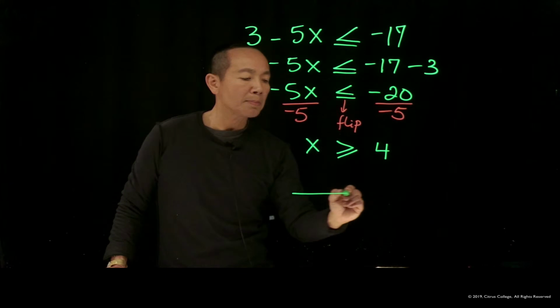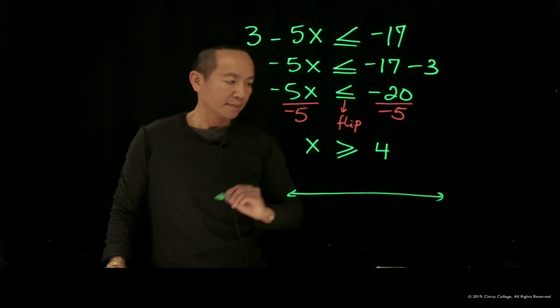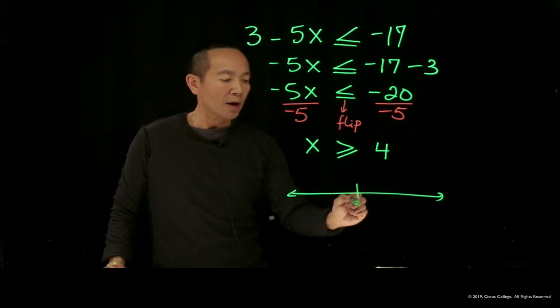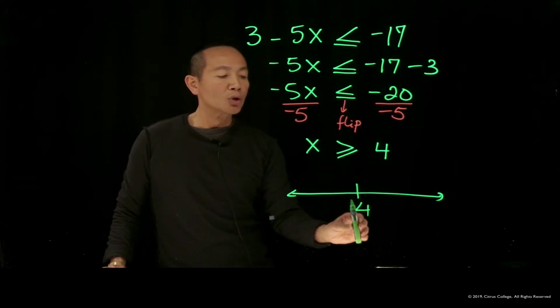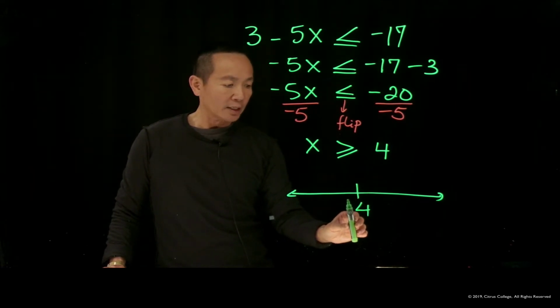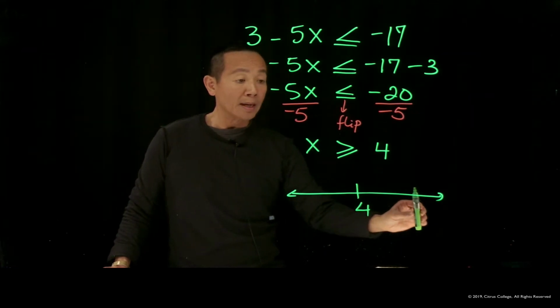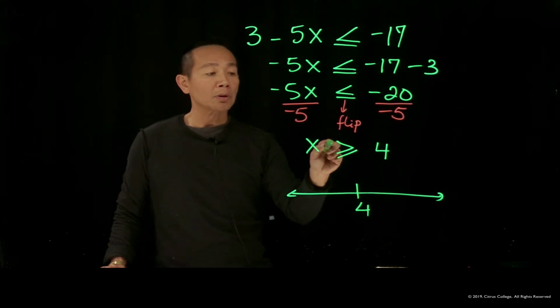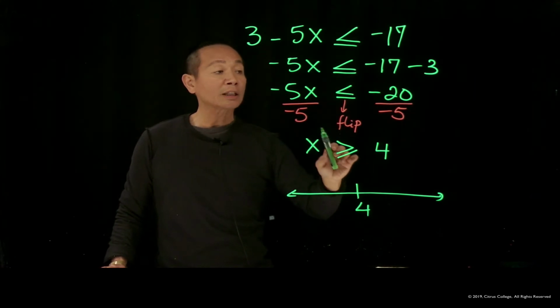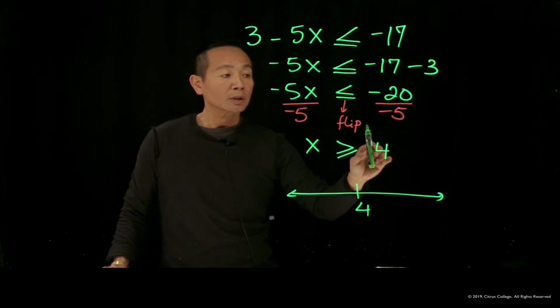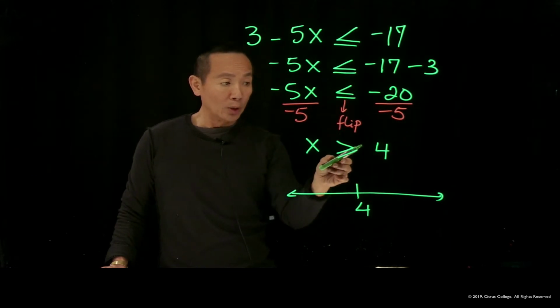And on the number line, this is 4. You want to shade to the right, because this symbol says that you want all the numbers that are larger than 4, including 4.